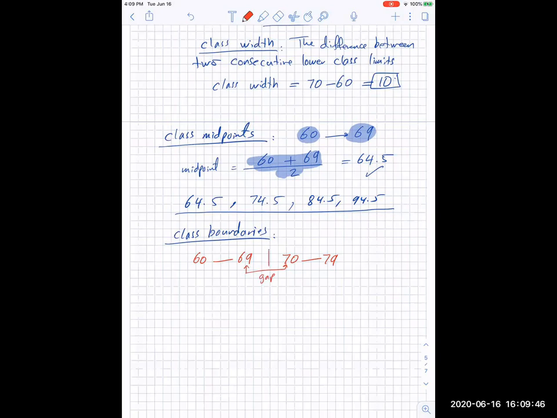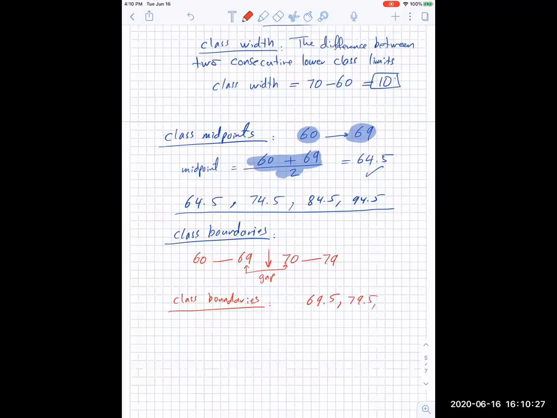Now, what is the number in the middle of the gap? What is halfway between 69 and 70? That's 69.5, right? So my first class boundary is the number between the first and the second class, which is 69.5. What is the next one between the second and the third? 79.5.